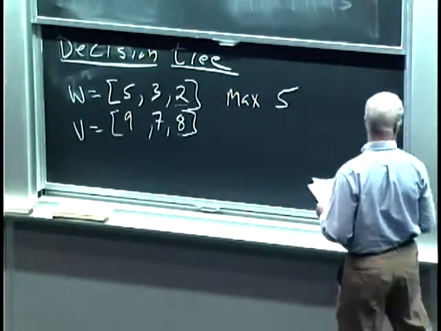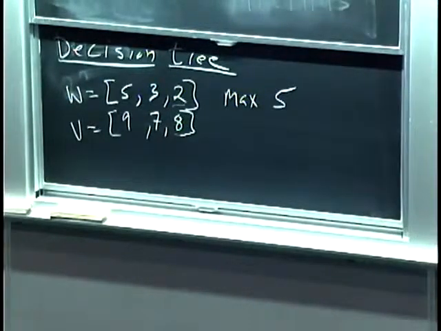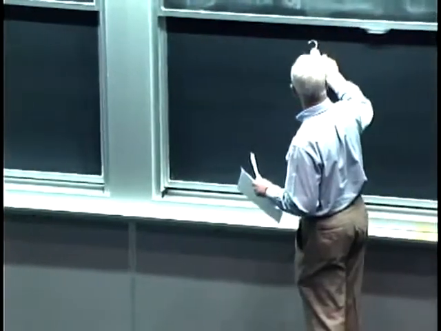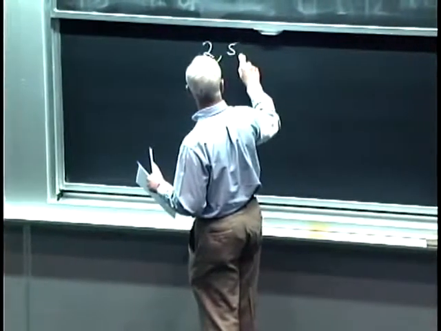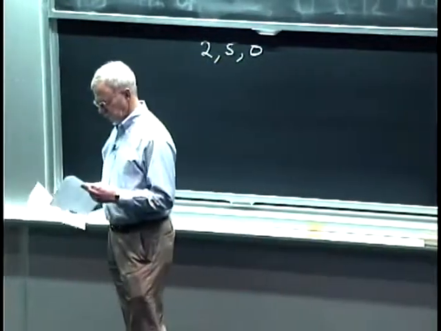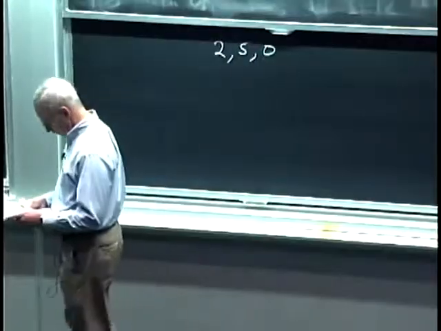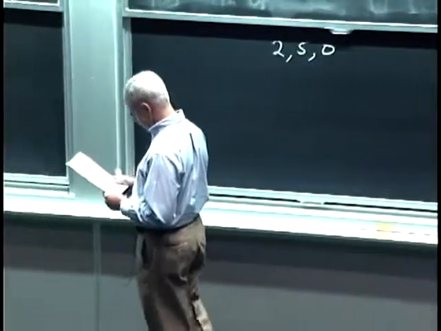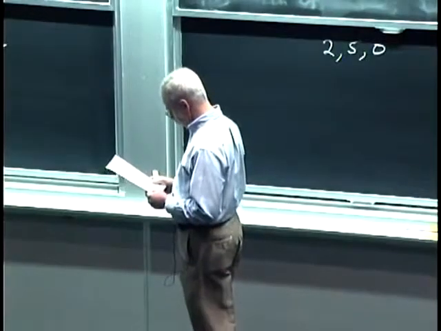And then we'll construct our tree as follows. The first node will be the tuple 2, 5, and 0. Let me make sure I get this in the right order.